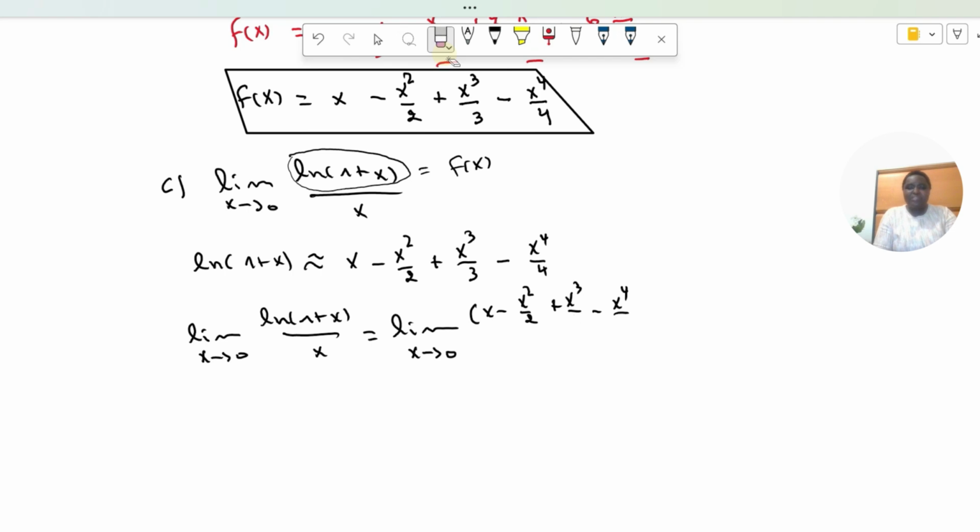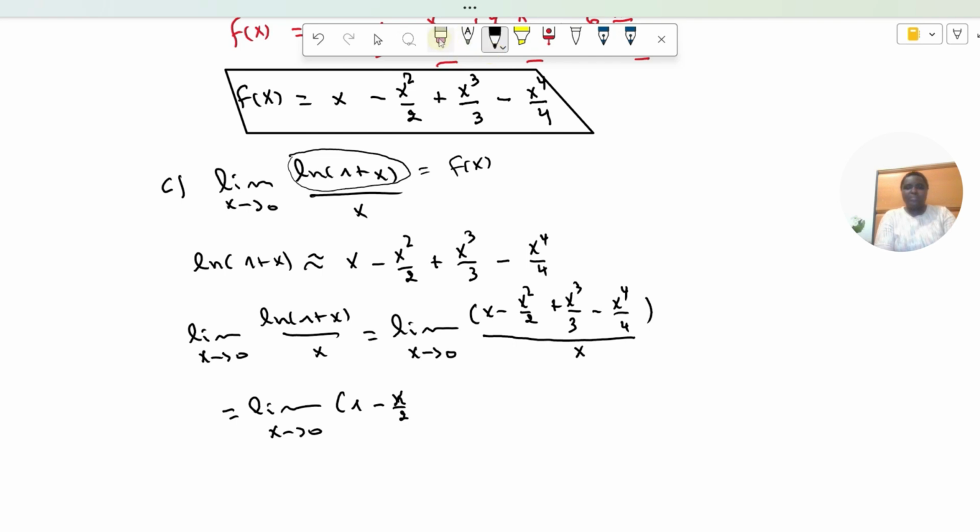Yes, if we divide by x all these terms, what do we get? This is the same as the limit when x tends to 0 of x over x, which is equal to 1, and x squared over 2 over x, this is minus x over 2.